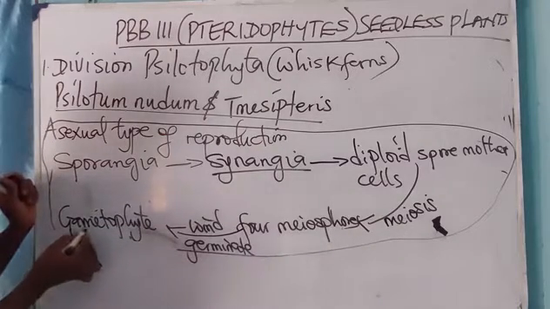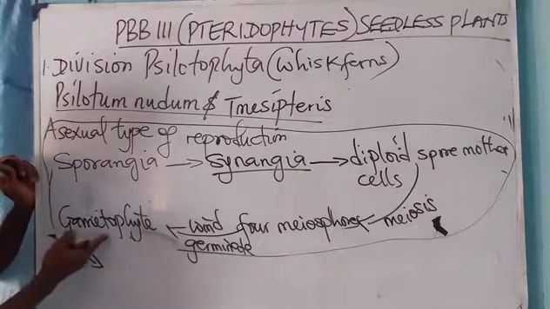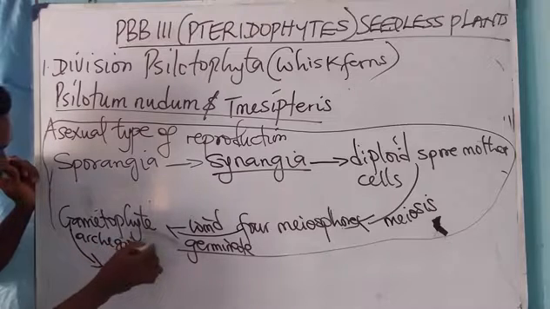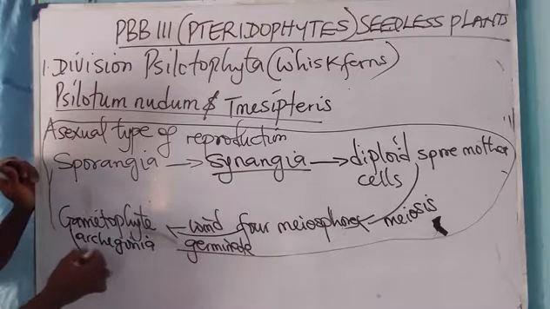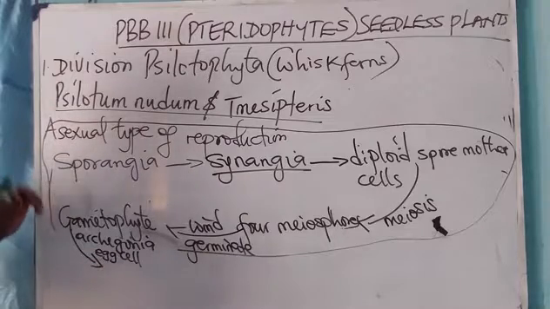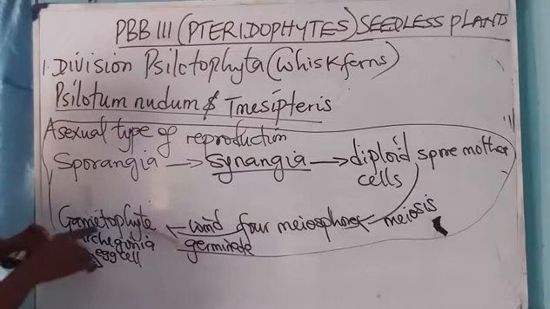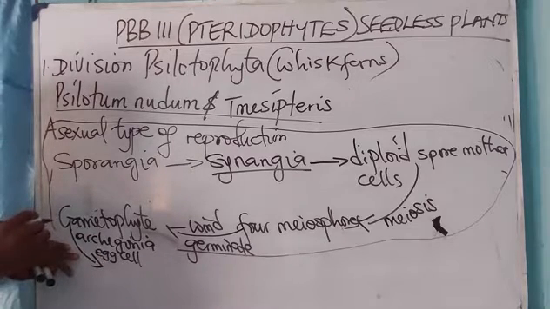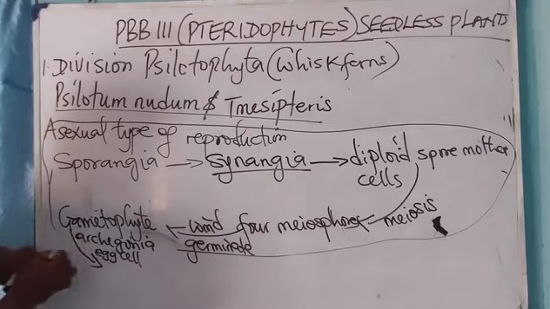Now, this gametophyte will produce the archegonium. This archegonium produces what? Egg cell. Then the antheridia will produce what?